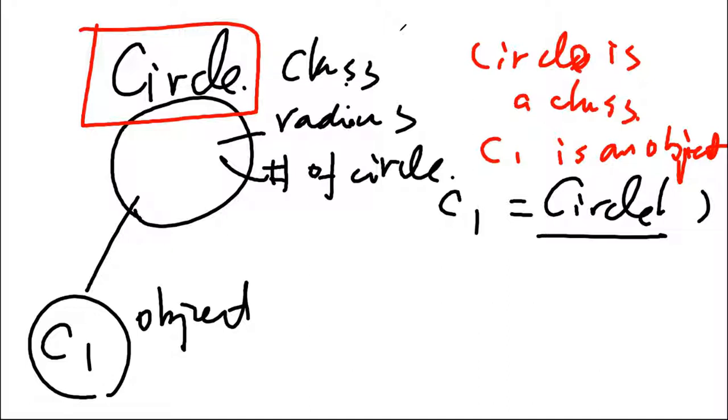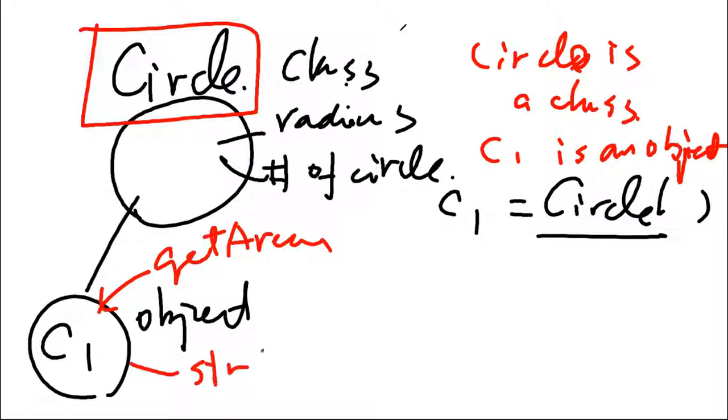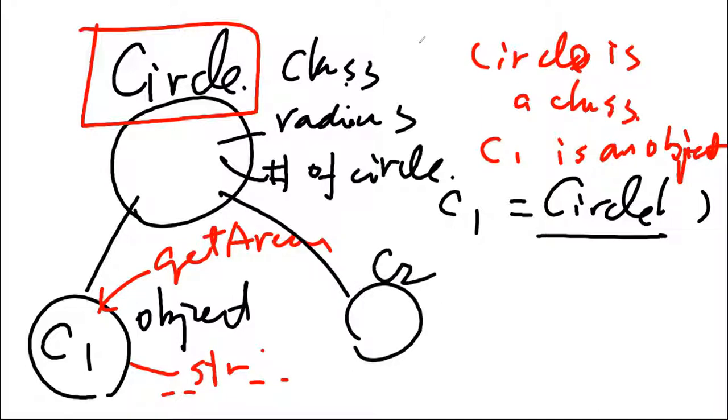And for this object we can use getArea to calculate area. We have a string method that can convert it to a string. Is that okay? Yeah. So what is Circle and what is a class and what is an object? I can actually continue to create some circle too, called C2.